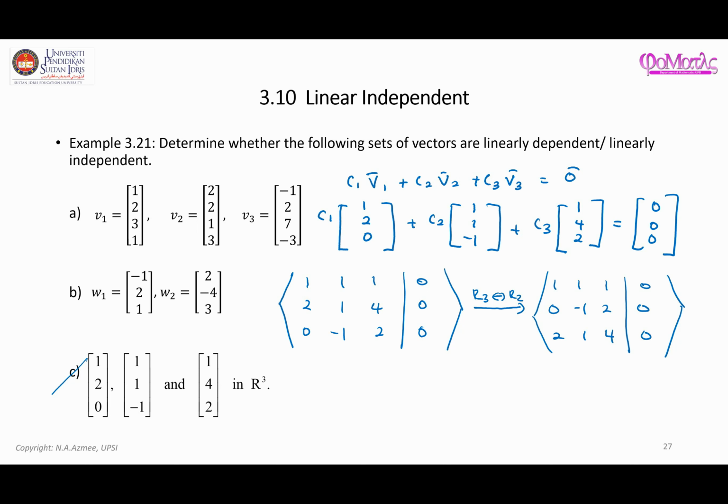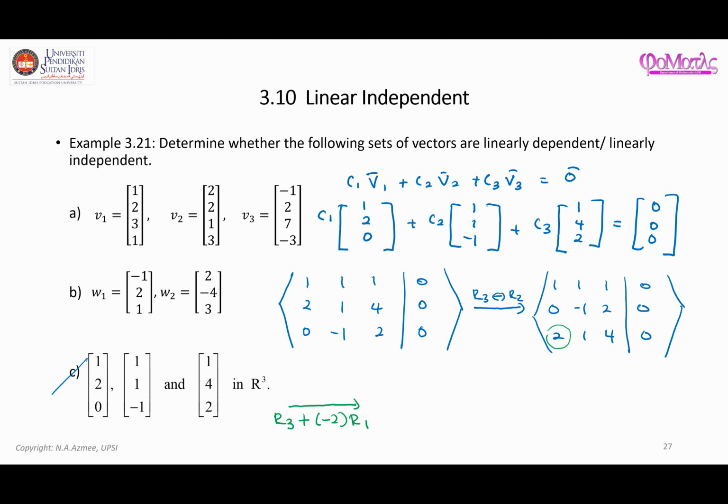Next, what I'm going to do is turn this into 0. How to do that is I'm going to consider this operation. The third row will be changed by this operation: R3 plus negative 2 R1.